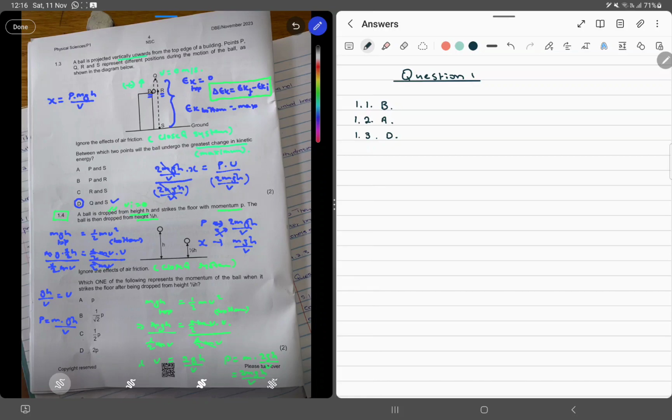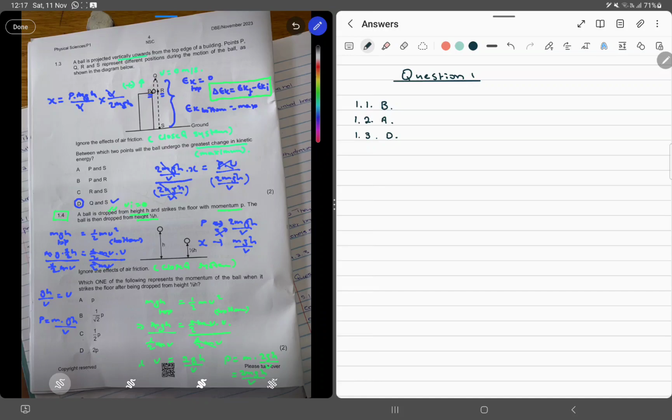Which we're going to multiply by this expression now flipped, which is going to be V over 2mgh. Great. Now we can see V's cancel, the mg's cancel, the h's cancel.